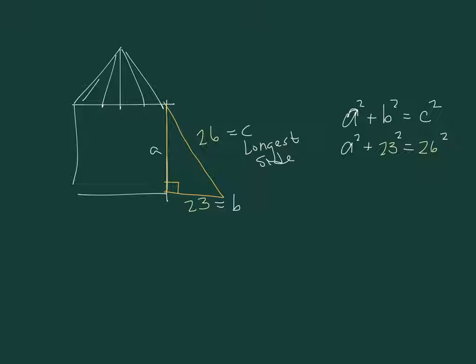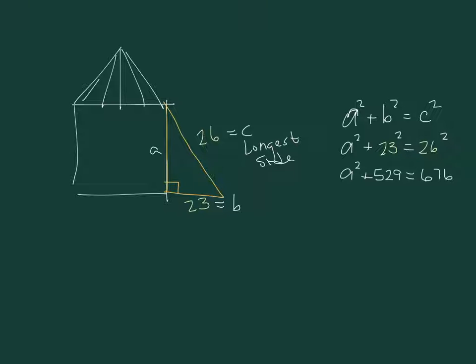Now 23 squared is 23 times 23, and that's equal to 529. And 26 times 26 is 676.